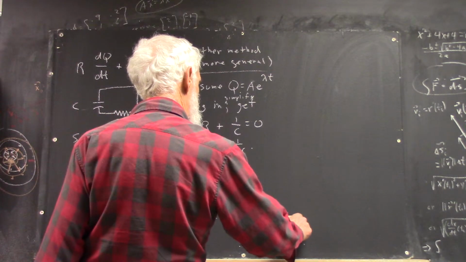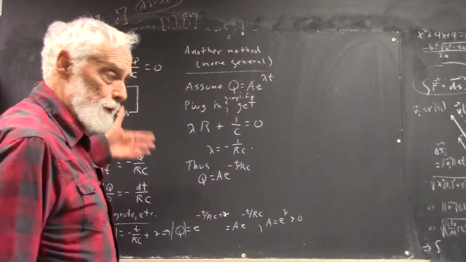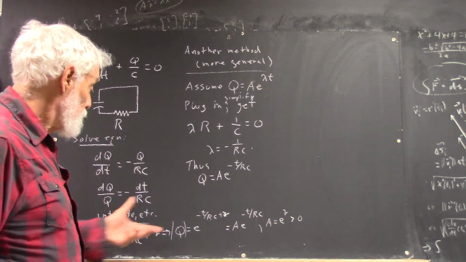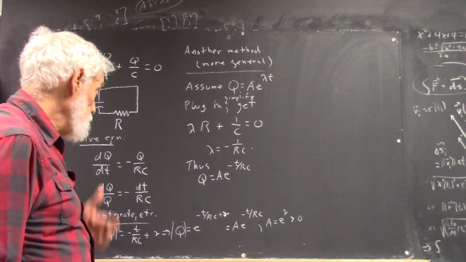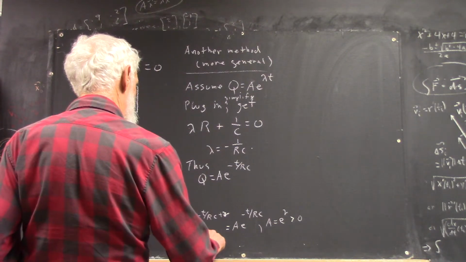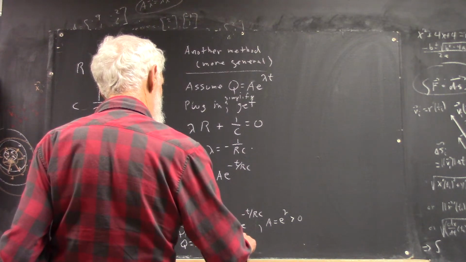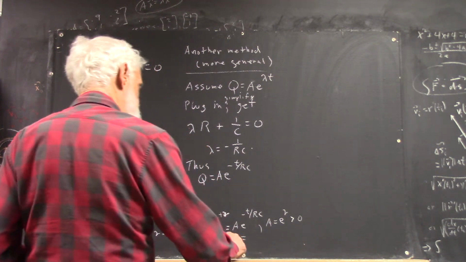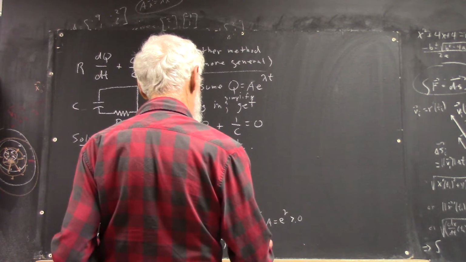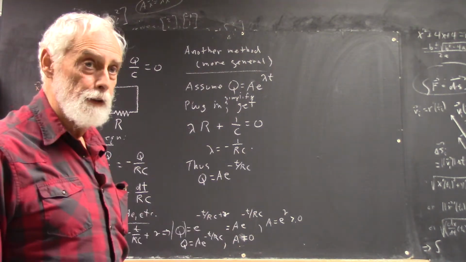And of course that's greater than 0. But this is an absolute value of Q. You know that from that we had an absolute value here, right? It's an absolute value of Q, which means that Q equals Ae^(-t/RC), if A is not equal to 0, because if A was equal to 0, Q would just be 0, and you'd already know it.